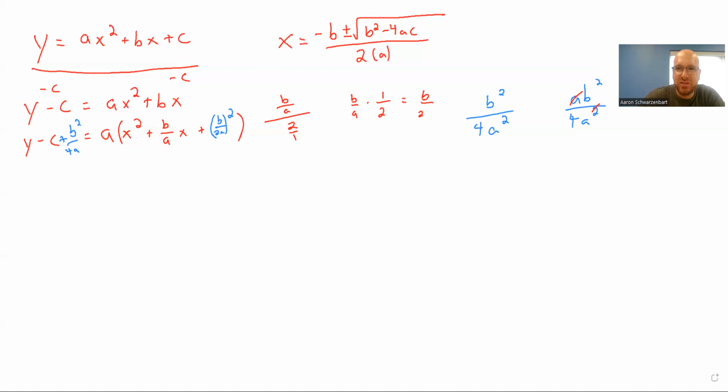When I'm solving this, in place of y, I have a 0 because I'm trying to have where this equals 0. So for the quadratic formula, y must be 0.